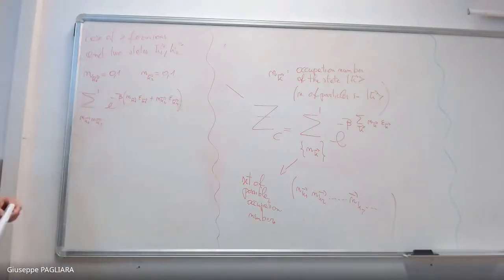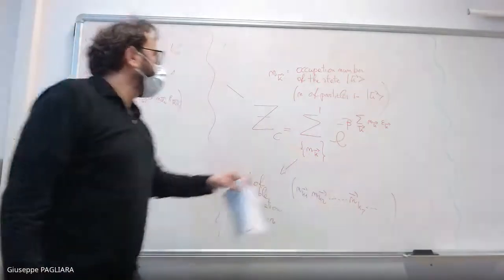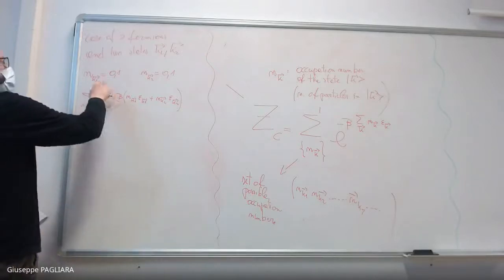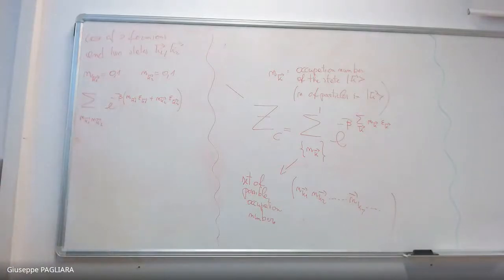Okay, so I'm writing this here. I have the sum prime, and then I have a minus beta and nk1 and nk2. Let me remove the prime. If I remove the prime, here I will have the following situation. I have to sum over nk1 and nk2, taking into account the fact that nk1 and nk2 can be 0 or 1.